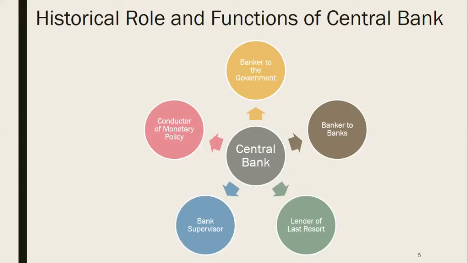Because of that, the central bank had a close relationship with the government. So then, not only the clearinghouse for the merchants, it became the clearinghouse for the government as well by financing government spending.